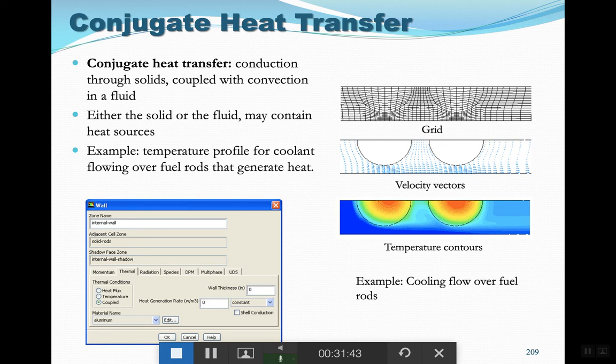Now, here you could have solved this in two ways. One way would be like this, which means you are considering the solid inside your simulation domain, as you see. So in here, you have to solve the heat transfer inside the solid, but the upside is you're going to have the temperature distribution inside the solid as well.